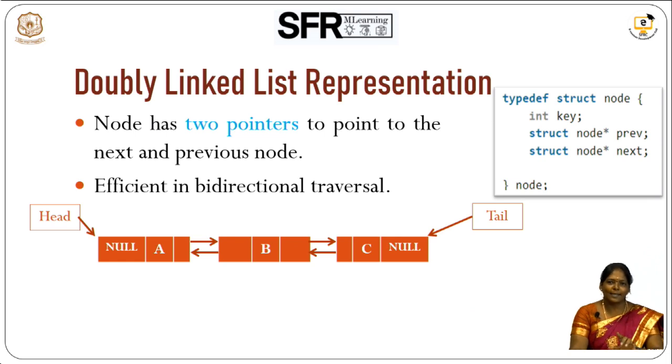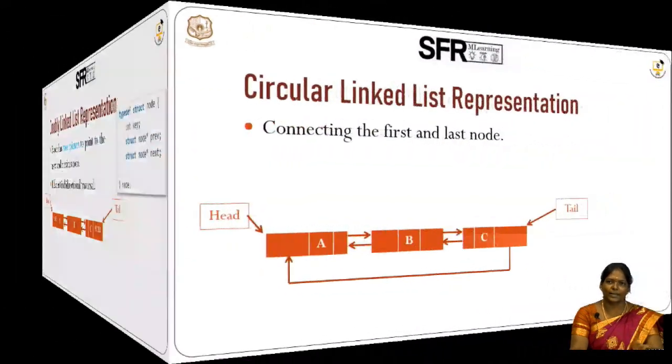A is the first element, so it does not point to any previous node, but it points to the next node B. B has both previous and next nodes, but C does not have a next node, so it is represented as null. C's next node is null, and A's previous node is null. Head is also available here. It is very efficient for bidirectional traversal, so we can traverse the data in both directions.